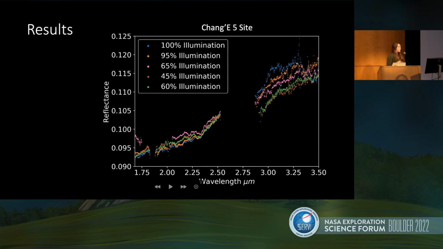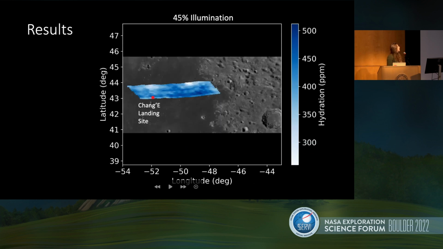So we took the 100% illumination case to be 0 water, and we used that to measure the hydration band using the methods of Lee and Milliken 2017 and Honniball et al. 2020. So this is a map of the hydration in the area around and at the Chang'e 5 landing site.